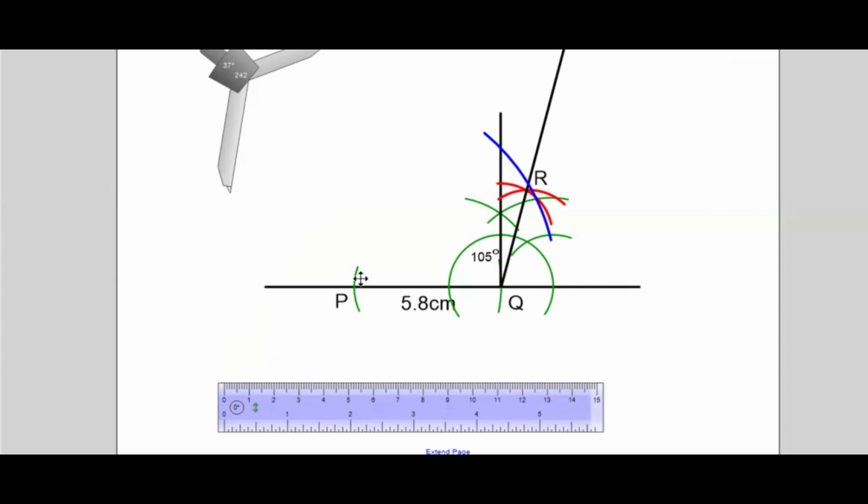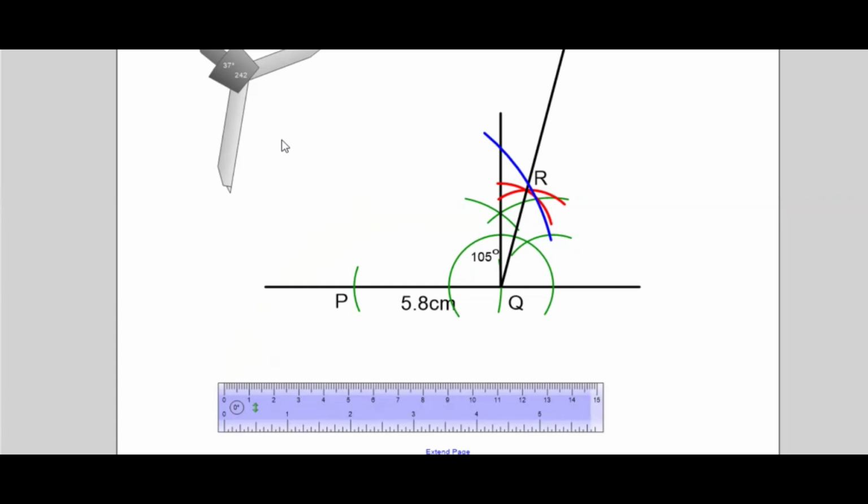Now, the next thing we want to do is that since the quadrilateral is PQRS, S will be somewhere here within this region. But we don't know where it will be yet. We know that PS is 8.5, and that's not enough because to locate a point under construction, you need the intersection of two lines, or of a line and an arc, or of two arcs.